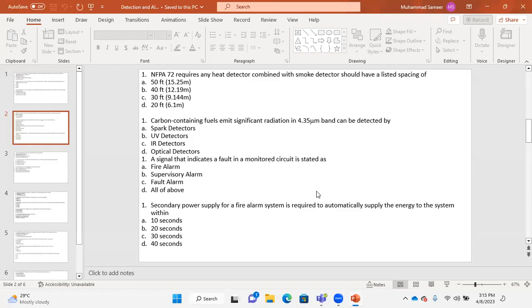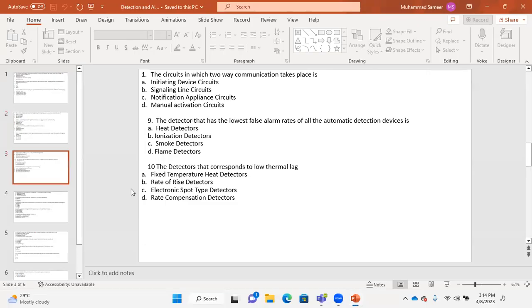Next question, secondary power supply for a fire alarm system is required to supply the energy to the system within. Yes, it is within 30 seconds of disconnection. Exactly. Within 30 seconds of disconnection, because the secondary power is not only the batteries, it could be a generator set also.